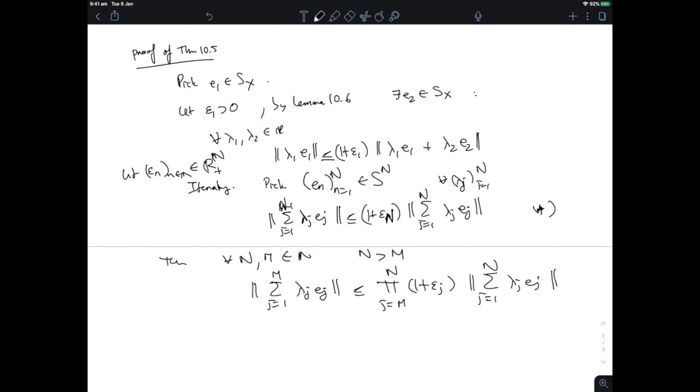Okay, and we can do that for any choice of sequence epsilon n.